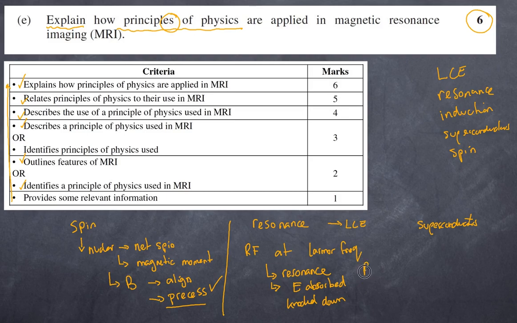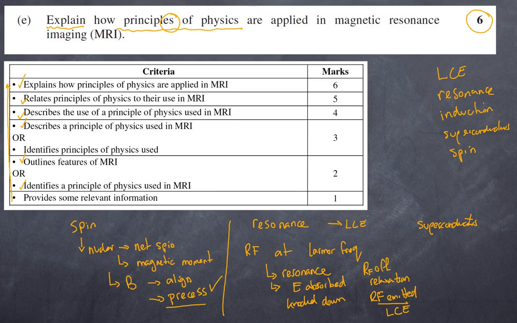When the radio frequency is turned off, so I've got radio frequency off, we know that we have relaxation. Now relaxation means that we have a radio frequency emitted from the hydrogen nuclei. That is consistent with the law of conservation of energy.